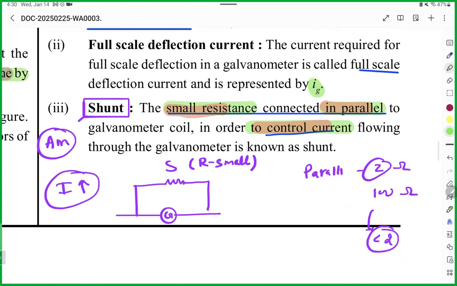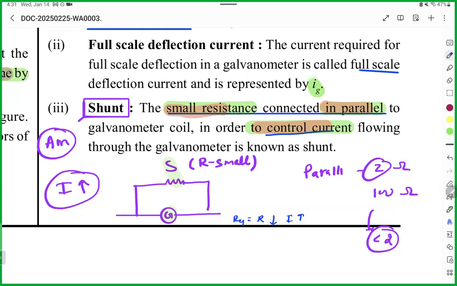What is the shunt? Small resistance in parallel. See, S is the shunt and it is parallel to the galvanometer. Why? Because if you have resistance in parallel, then you know the equivalent resistance will be very, very less. If resistance is less, then you can measure more current.